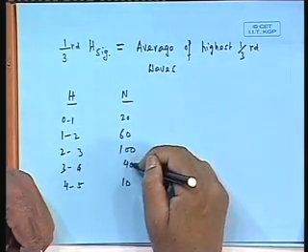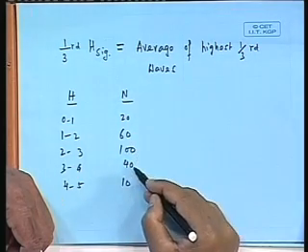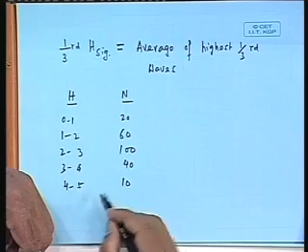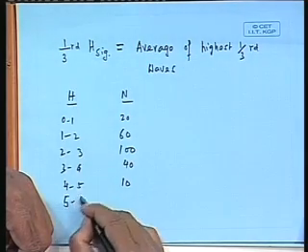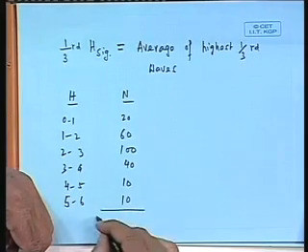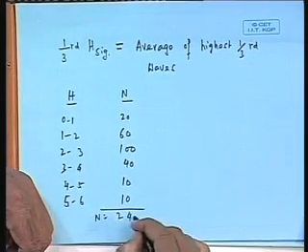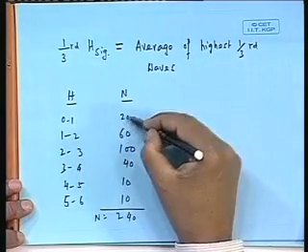So 100, this 80, 180, 180 plus 50, 230. And 5 to 6, I want to make it 240, that's why this is 10 times. So the total occurrence has become 240.